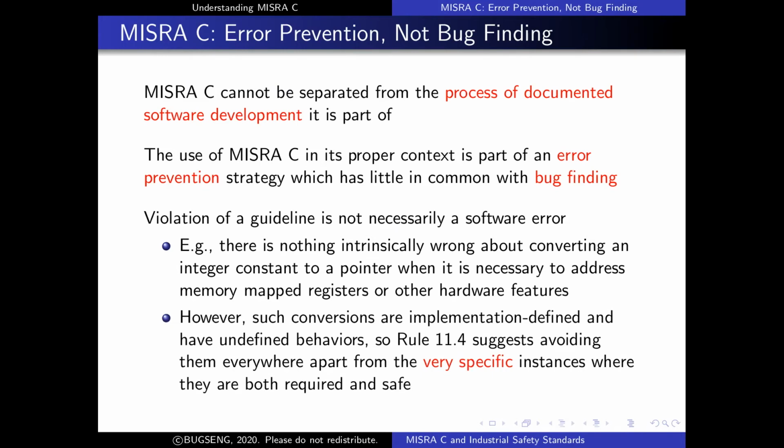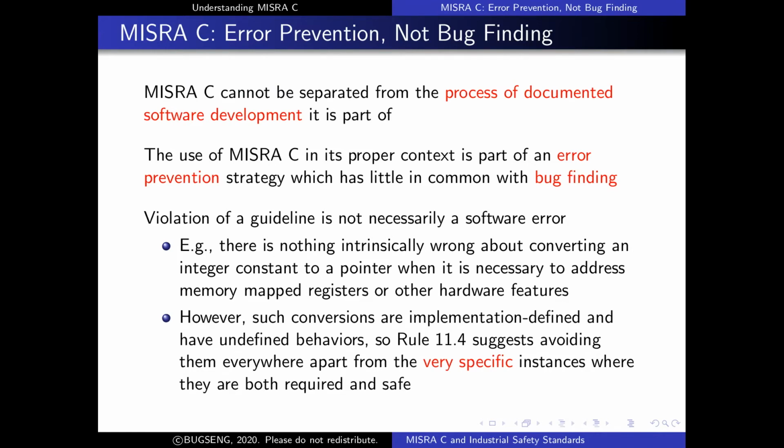However, since these conversions are implementation defined and have undefined behavior, there is rule 11.4 that suggests avoiding this conversion everywhere apart from the very specific instances where these conversions are both required and safe.